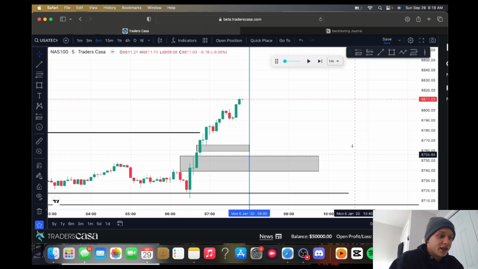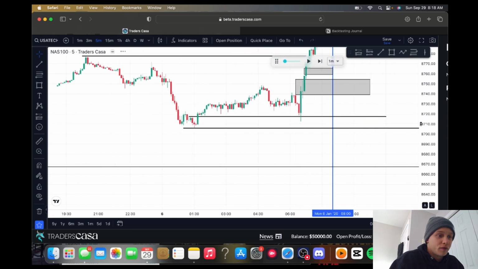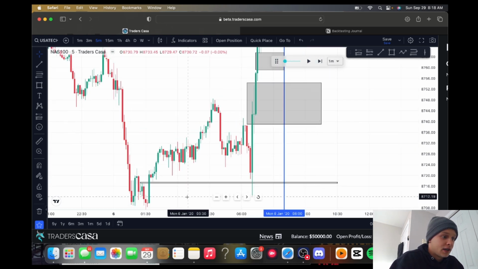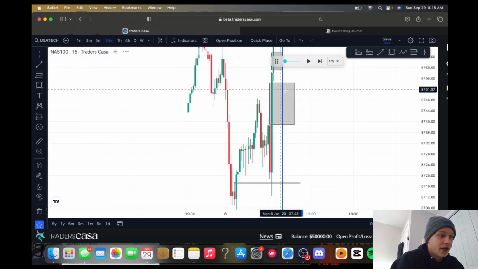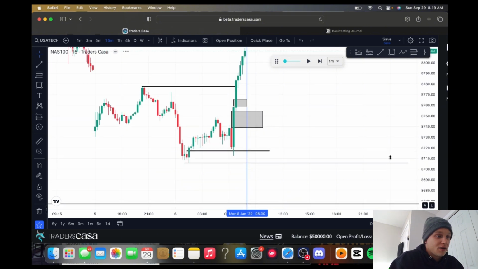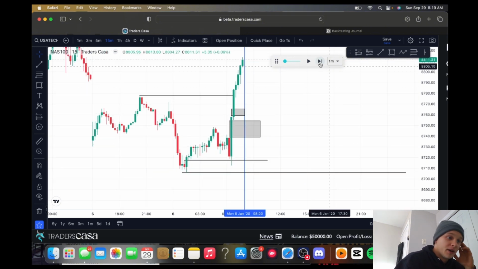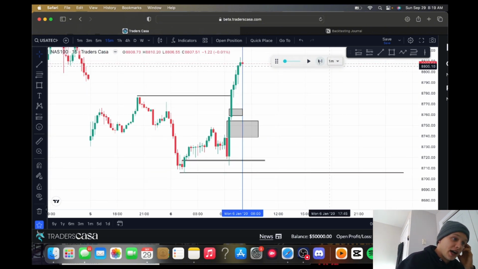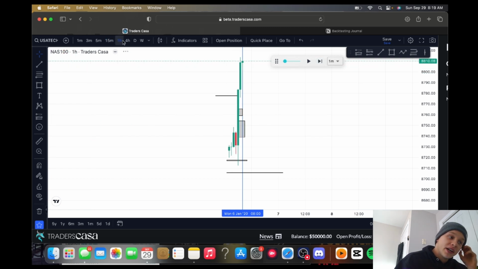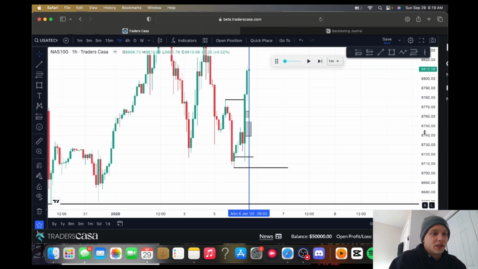No trade. I guess this was the move off that 15 minute right here. Sweep of these lows on the 15 and then a push higher. I just don't see a trade set up on that. We're way too high in premium to look for longs. Yeah, not ideal for me. So we'll move on to the next session.